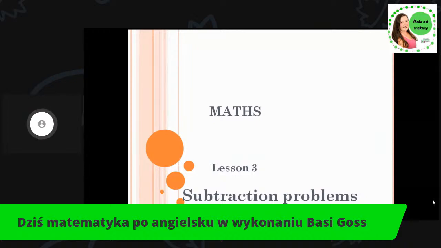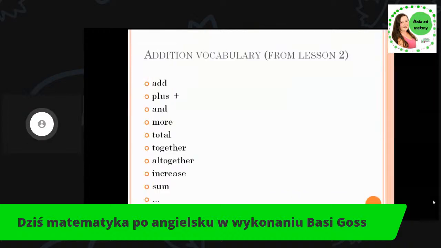Maths in English lesson 3. Today's topic is subtraction problems. But before we go to talk about subtraction problems, I would like you to go back to lesson 2. This was 2 weeks ago when we were talking about addition.